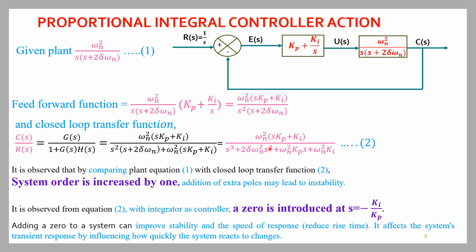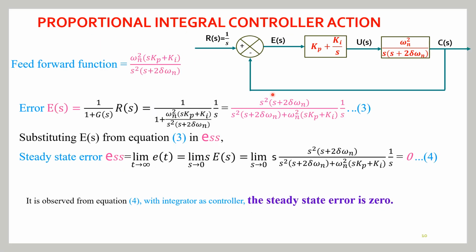So the transient response is improved, and also the proportional integral controller will make the steady state error become 0. Also we verify the steady state error. So this is the feed forward function.